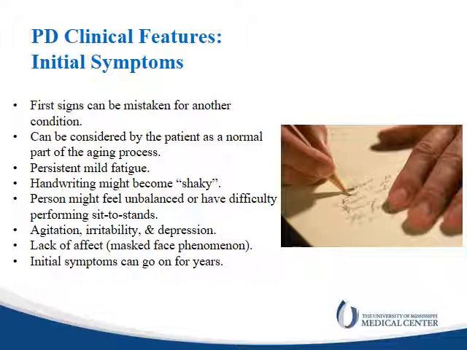Interestingly, one of the other earlier signs of Parkinson's is that patients may start to have shoulder pain and see an orthopedic surgeon for rotator cuff injury. When the surgeon examines the patient, they may find rigidity in that shoulder or in other parts of the body outside the shoulder.